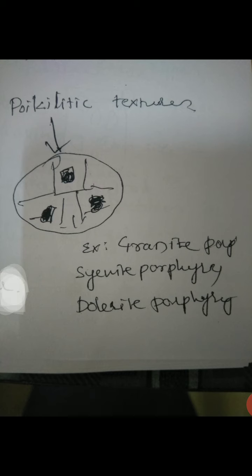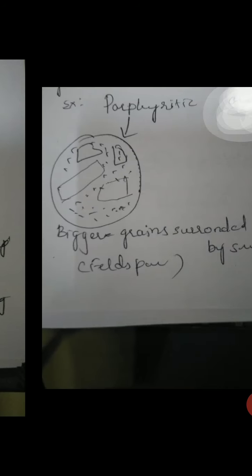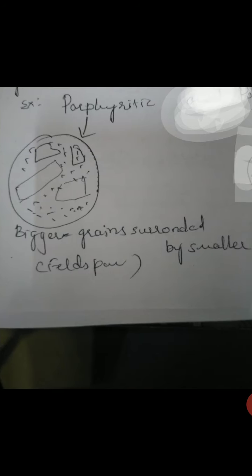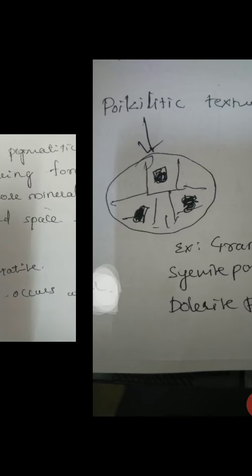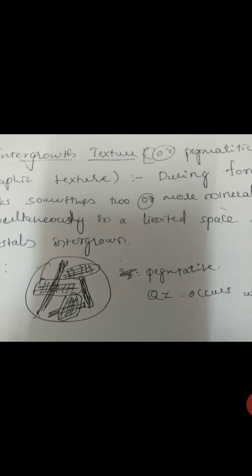Granite shows coarse grains. And the second one is the inequigranular texture. The first one is porphyritic, poikilitic, and intergrowth texture, and the directive or trachytic texture.